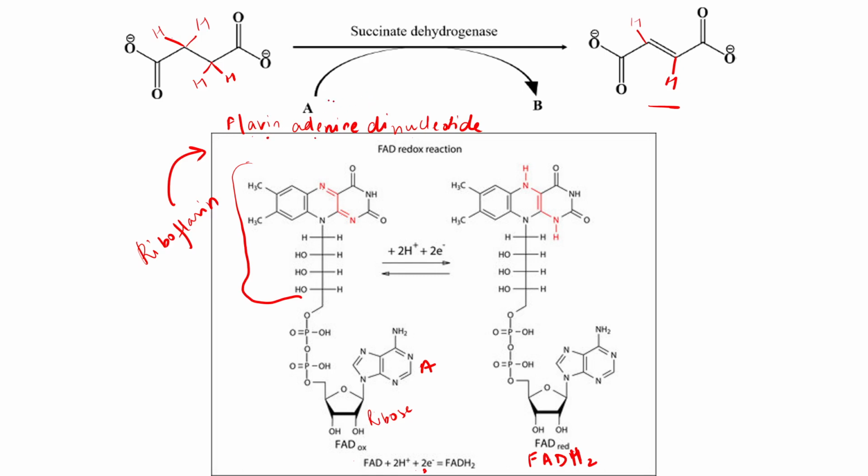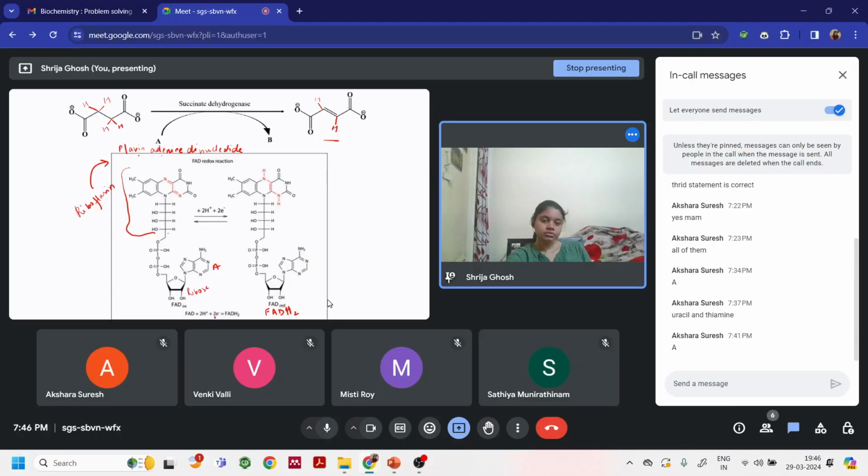FAD will take up two hydrogens to become FADH2. And you understood why it is named flavin adenine dinucleotide: it has a flavin molecule added to the adenine nucleotide by a phosphodiester bond, so it becomes two nucleotides, so dinucleotide. Okay, this is clear.